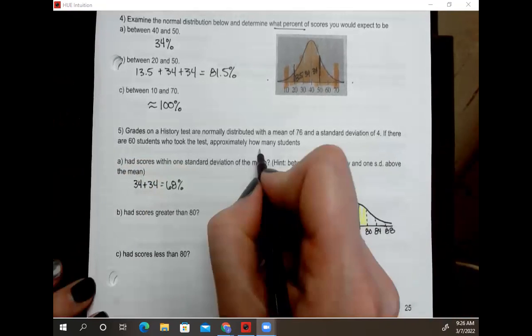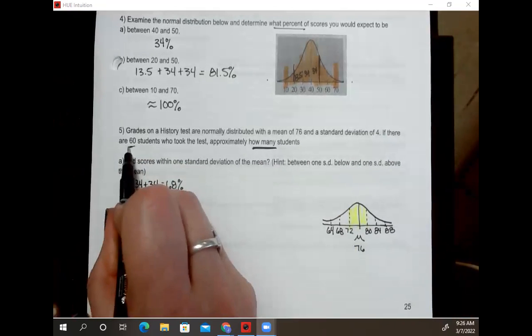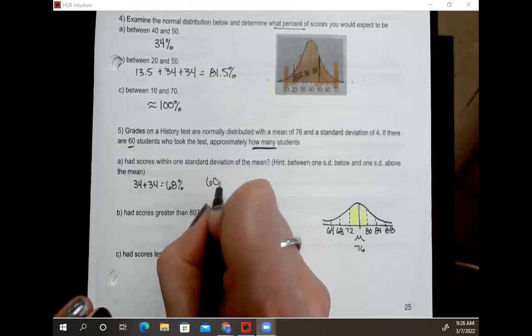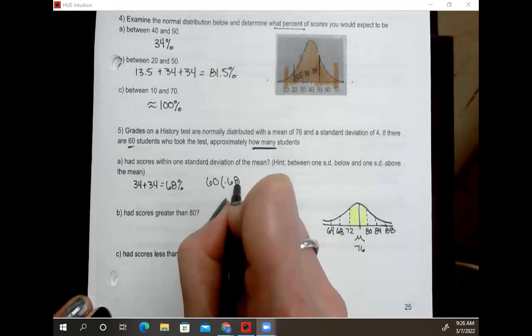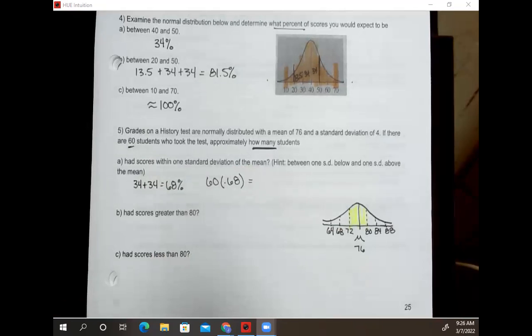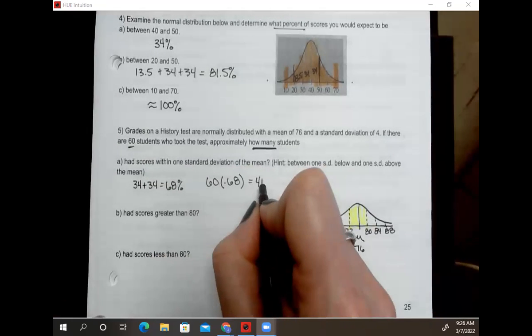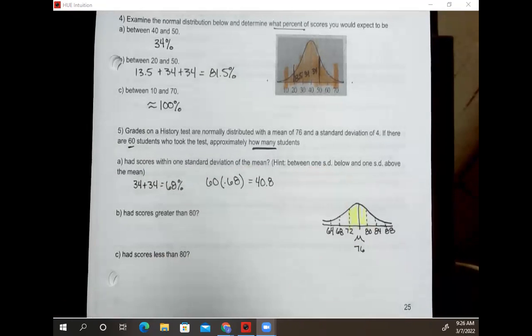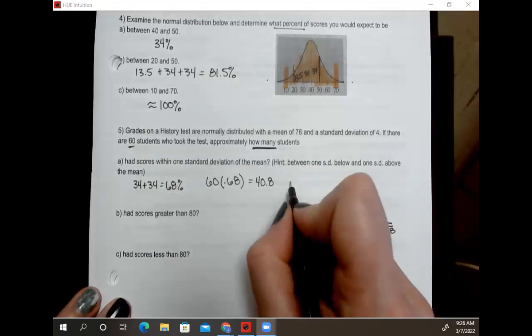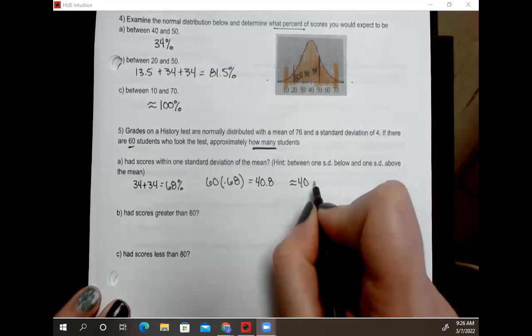Now it says how many, and we know that there were 60 students who took the test. So I'm going to find 68% of 60. This would give me 40.8. Since we're talking about people here, I'm going to just chop off that decimal and go with 40, since we didn't get all the way to a 41st person. So I'll say here approximately 40 students.